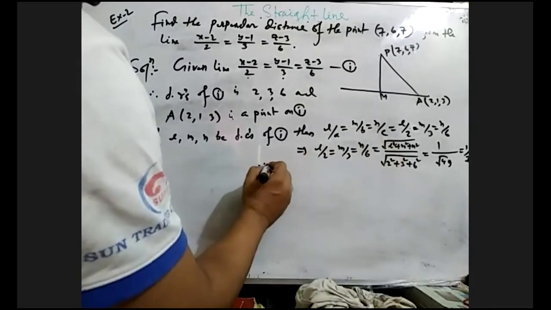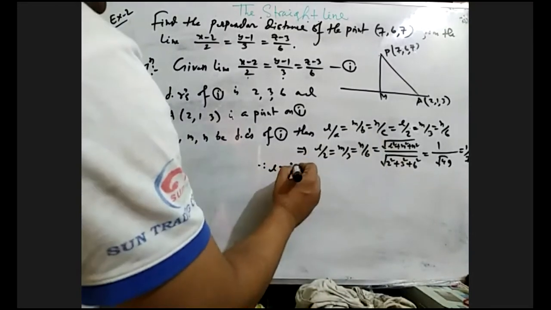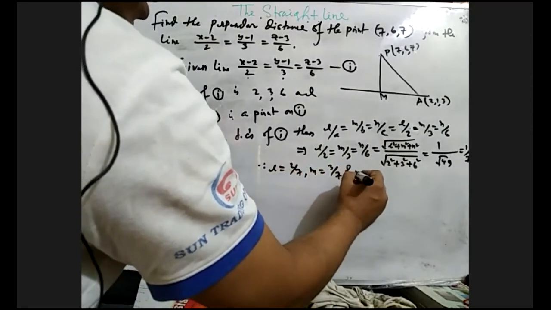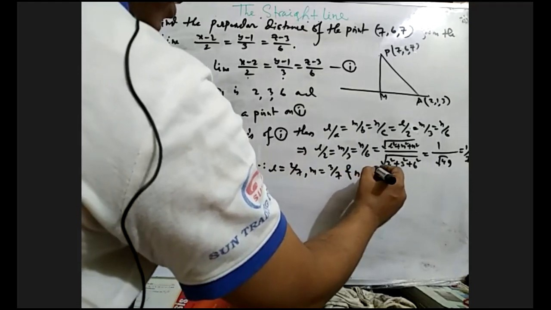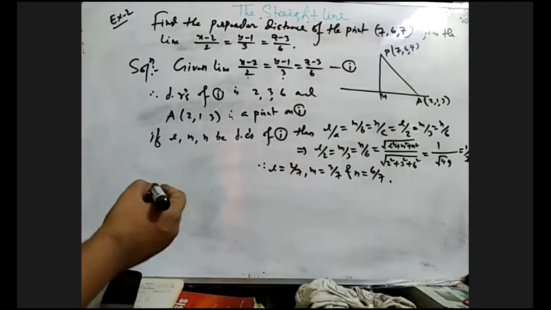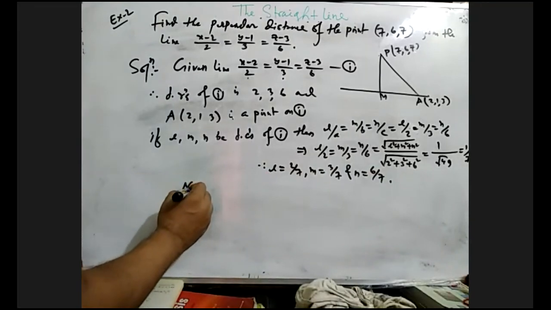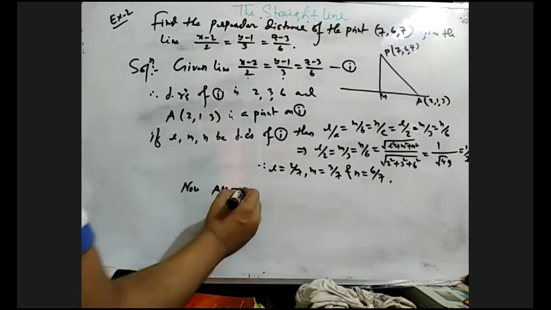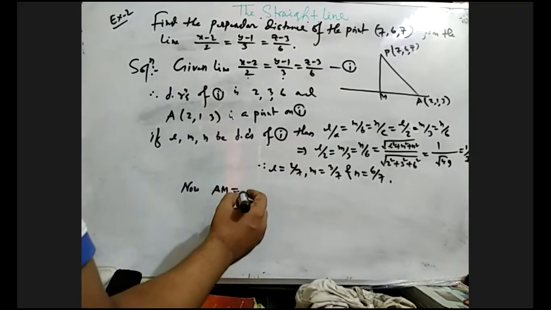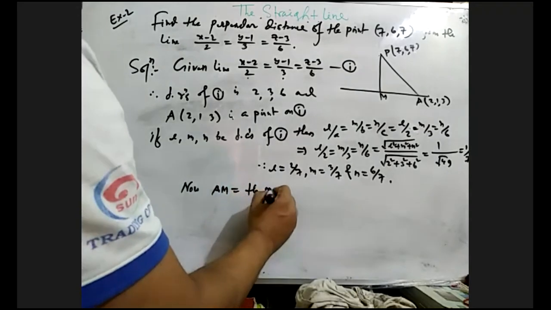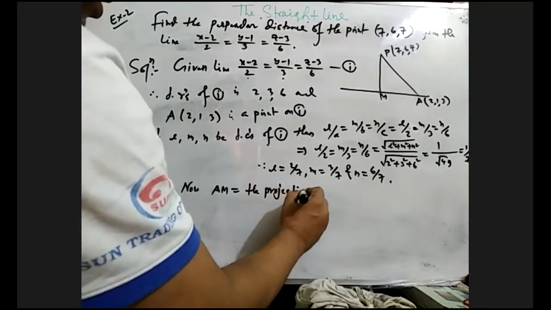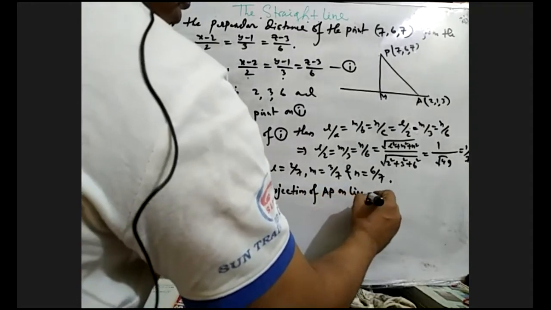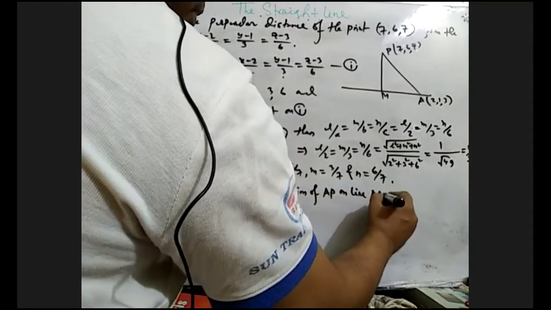Therefore l equals 2 by 7, m equals 3 by 7, and n equals 6 by 7. Therefore now, AM is the projection of AP on line 1.